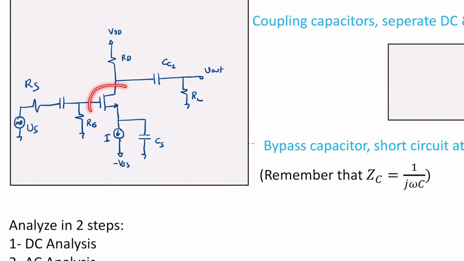As you see, we have a MOSFET in here, and MOSFETs are 3-terminal devices. We have drain, gate, and source. These two capacitors, this one and this one, are called coupling capacitors.